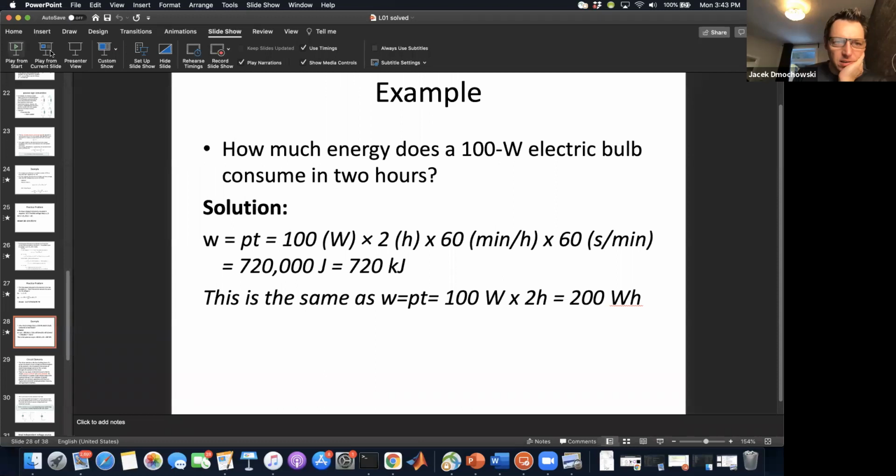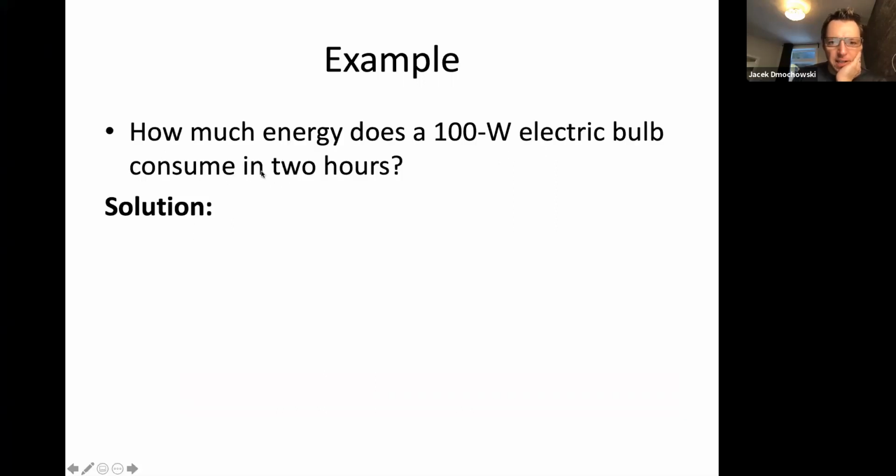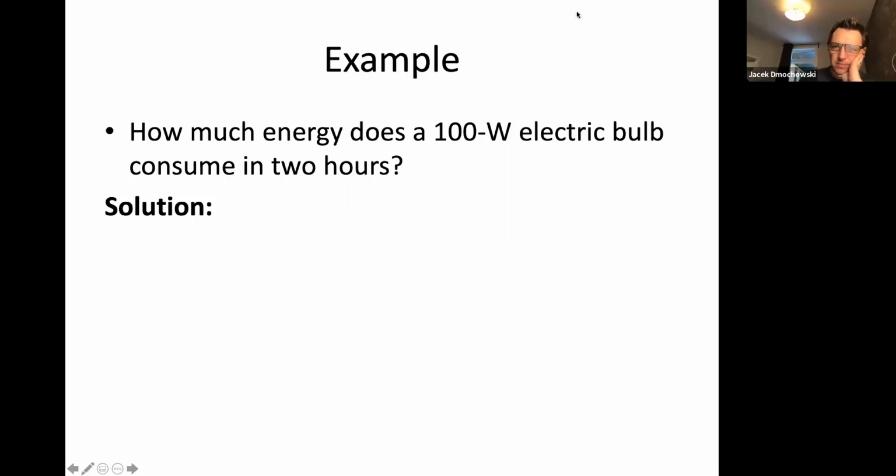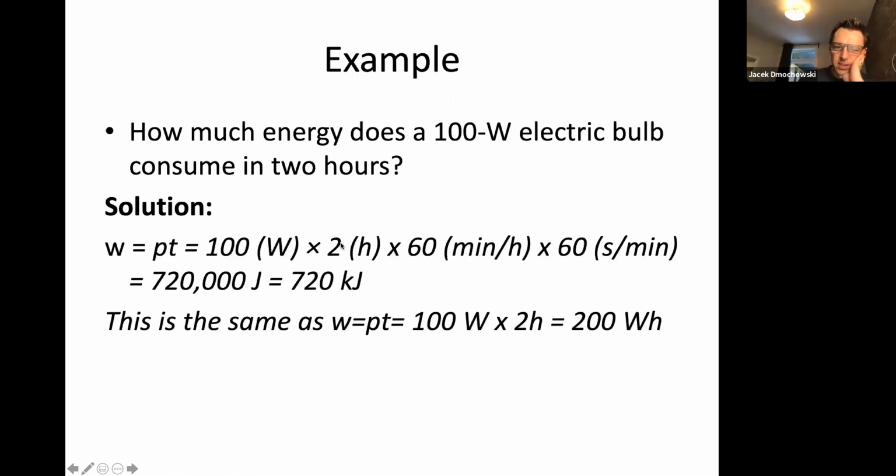Yeah, that's right. We want to multiply the power by the time. So what are the units of the time that we need to multiply by? Seconds? Seconds is correct. So how many seconds in 2 hours? 7,200. Yep, exactly. It's basically 60 times 60 times 2, right?